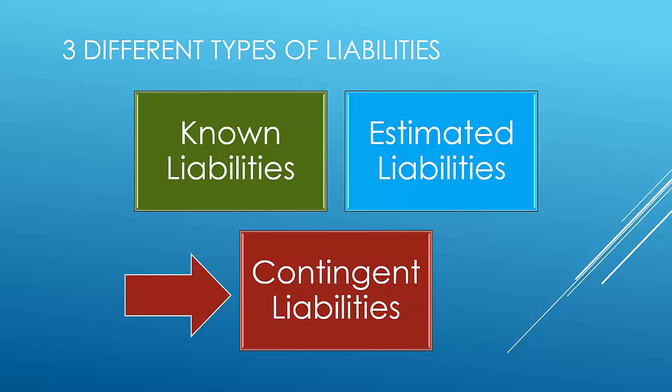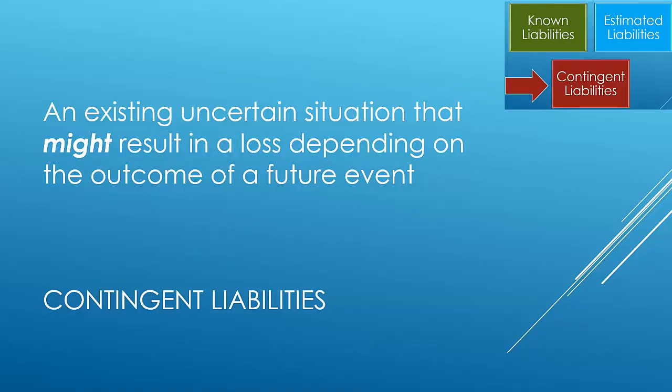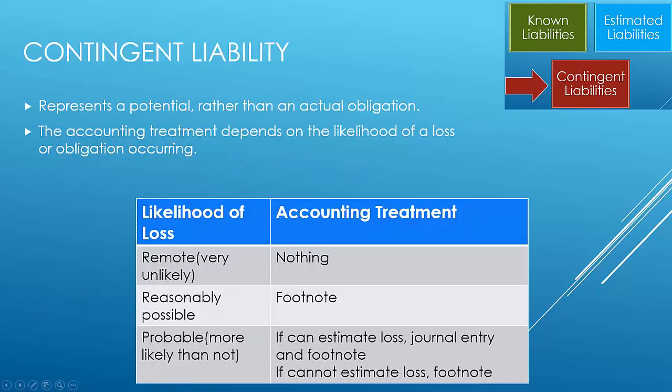And if it does, they don't know exactly how much will be awarded to the person filing the lawsuit. So the definition is: it's an existing but uncertain situation that might result in a loss, but it depends upon something that's going to happen in the future.